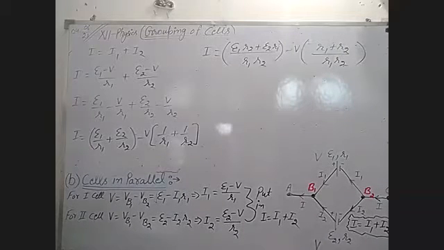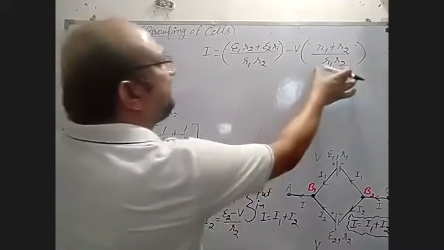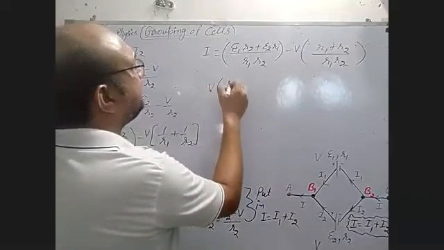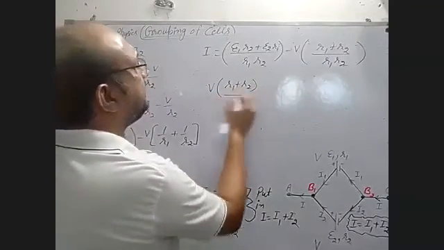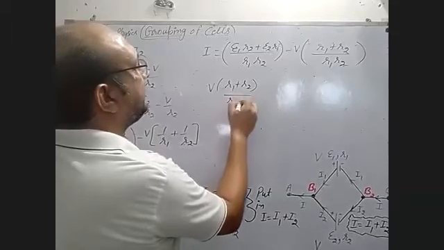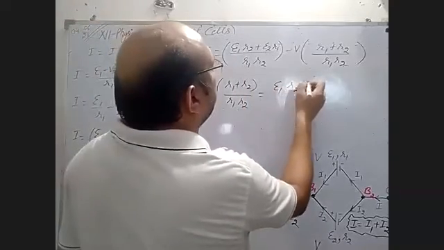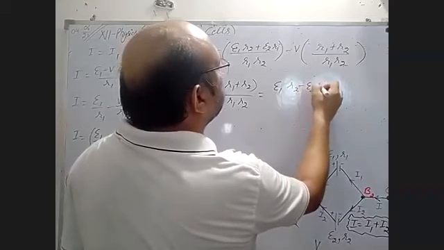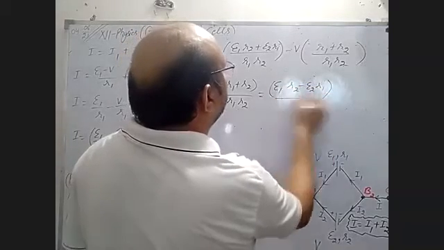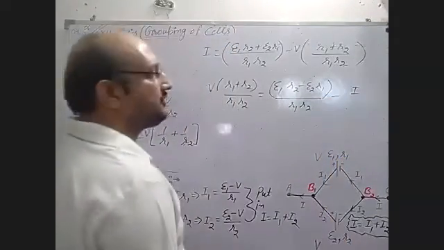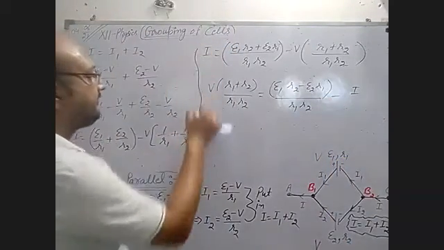Okay, no problem up to here. Now V is equal to: if we take this term to this side, R1 plus R2 upon R1 R2 is equal to, this I will go to this side with change of sign.